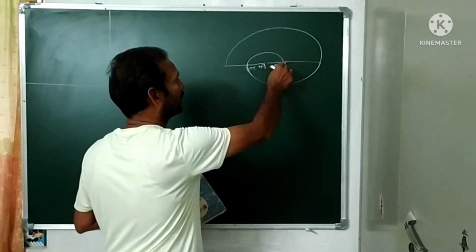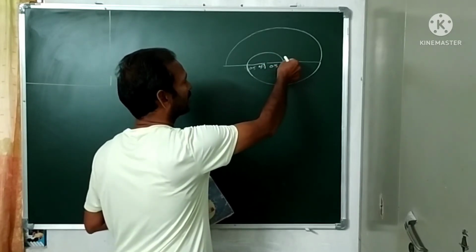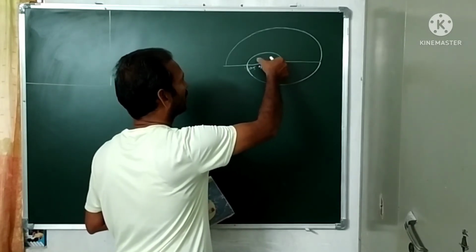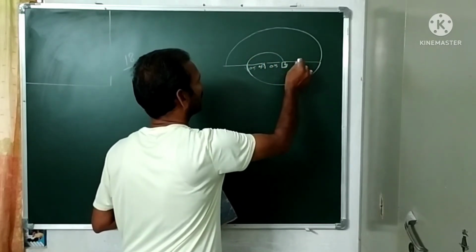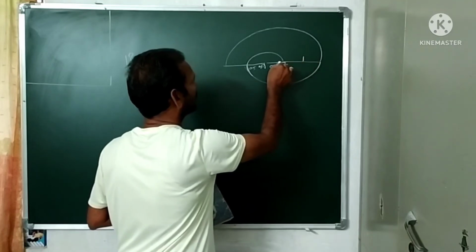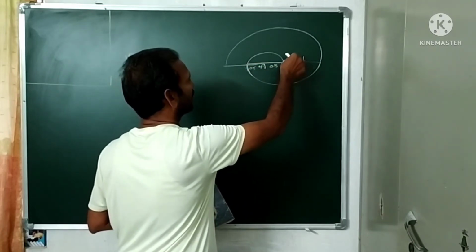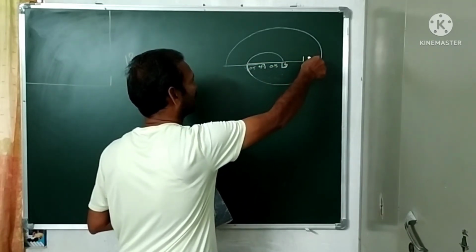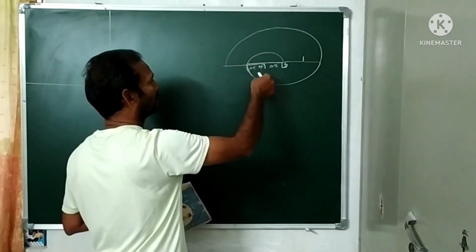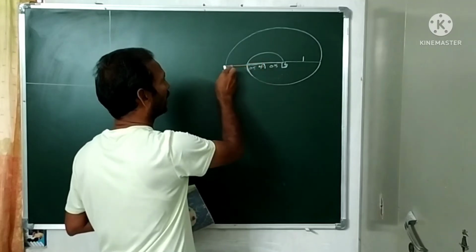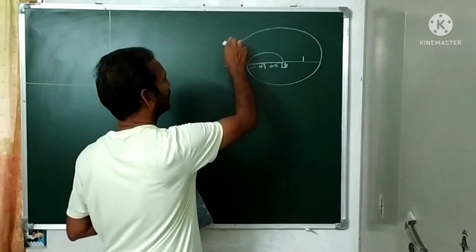Again from B as center, radius 1 centimeter. So here to here is 1, here to here also 1. In total 1. So with B as center, draw another semicircle like this. Again from here to here 1.5, with A as center. Increase like this.